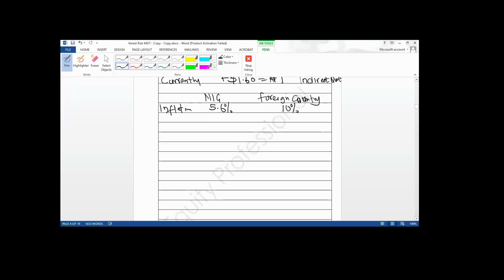Remember the formula for purchasing power parity for indirect quote: (1 plus Fi) over (1 plus Di) is equal to Fr over Xr. We can easily forecast now.